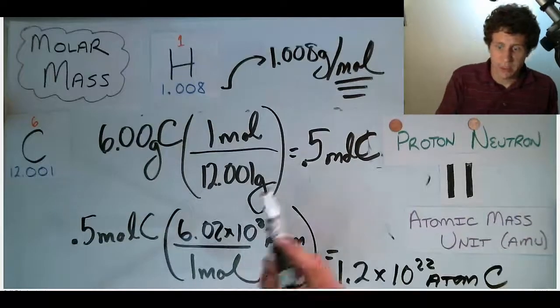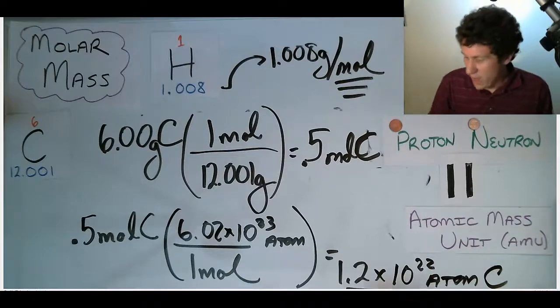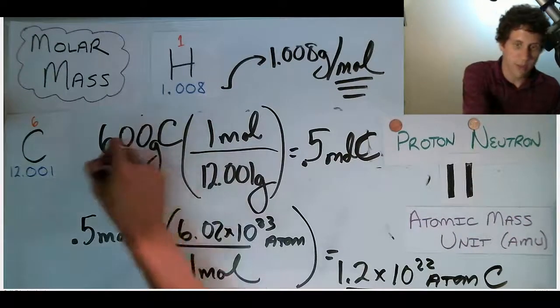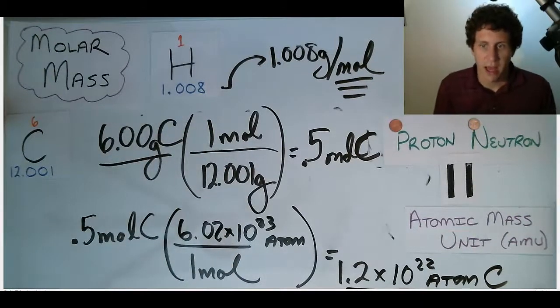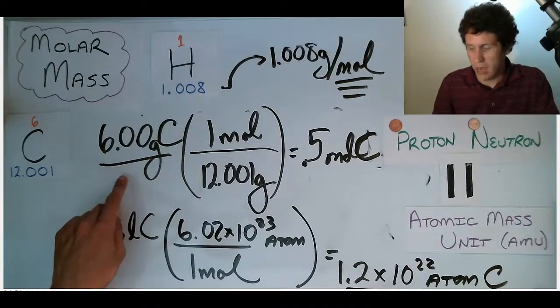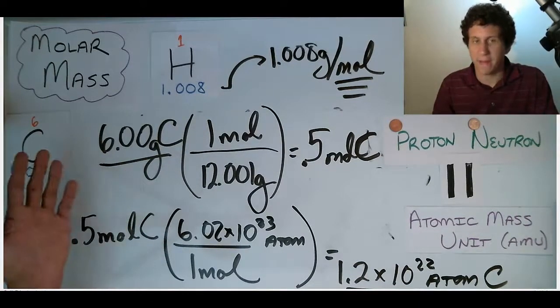So by using this simple ratio, we can now connect the microscopic world of atoms to the macroscopic world of scales, and indirectly measure how many atoms I have without ever counting them.